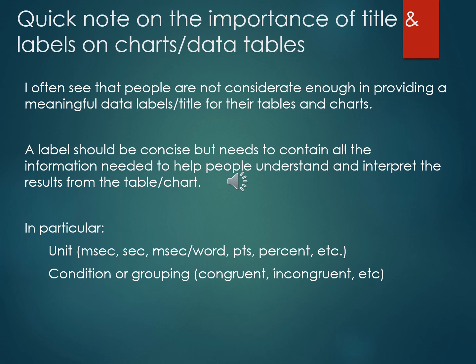It's typically the x-axis if it's a graph, and if it's a table, how it's actually separated. Also important is the unit that's used to describe the data. For example, if it's a reaction time, is it a millisecond or millisecond per word? It's better to provide more details than fewer details if you're not sure, because that's going to help readers understand your table or chart better.